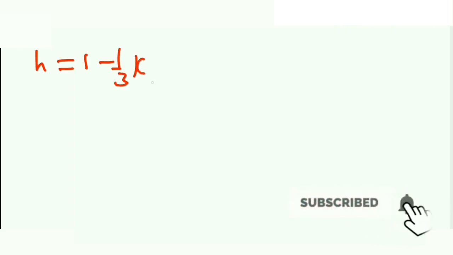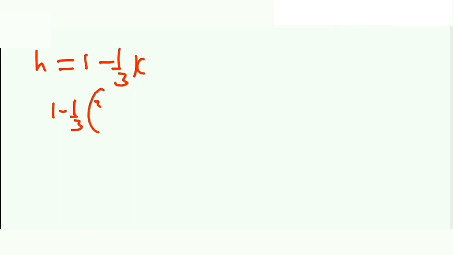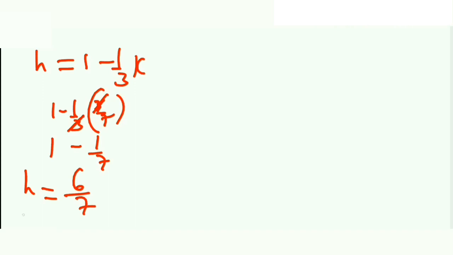After making it the subject in equation 2, we got H equals 1 minus 1/3 K. So now we have to substitute 3/7 for K. So 1 minus 3/7, then you have to cancel 3 and 3. So it's 1 minus 1/7. So H equals 6/7. So this is the value of H.